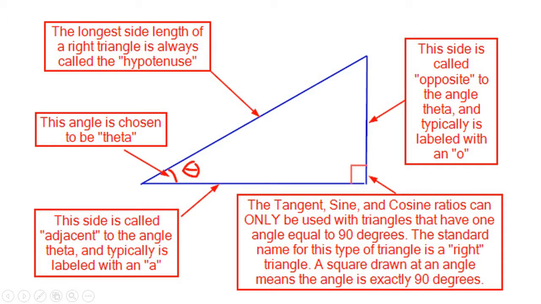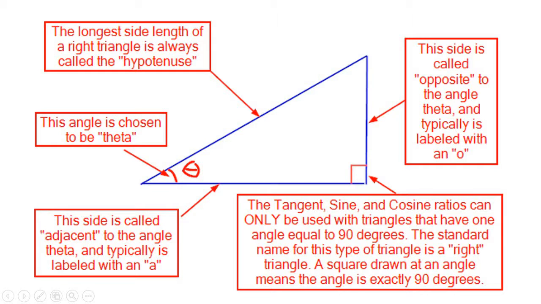I like to think of it as it is right next to that angle. So you have the hypotenuse on one side of the angle right next to it, and then the adjacent on the next side of the angle. And then the last side length is called the opposite side to the angle theta. So we would label that as the opposite side.